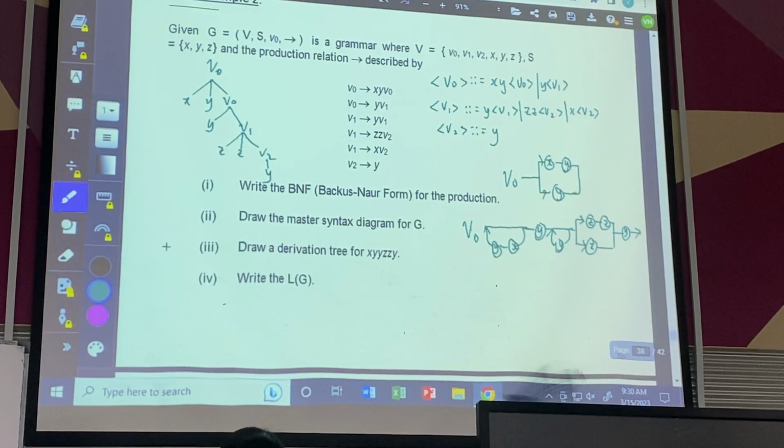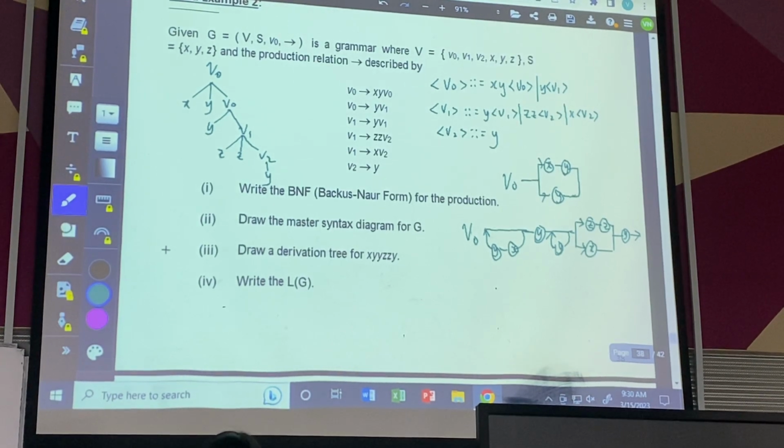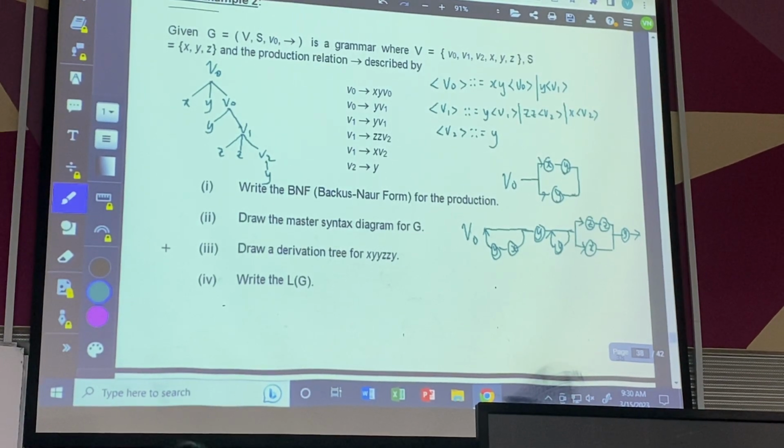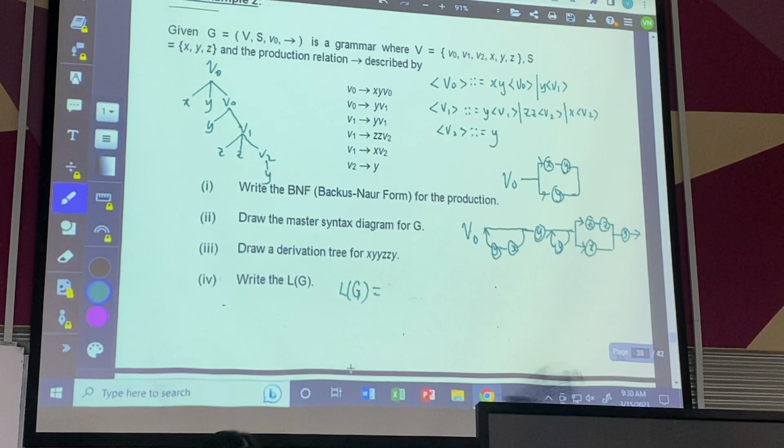The last question is write the LG. So this is the regular expression that you have learned just now. How to get from the master diagram, how to write the LG. Can anyone tell me what is the first one? X bracket X, Y, and the big. Okay. X, Y, X3.